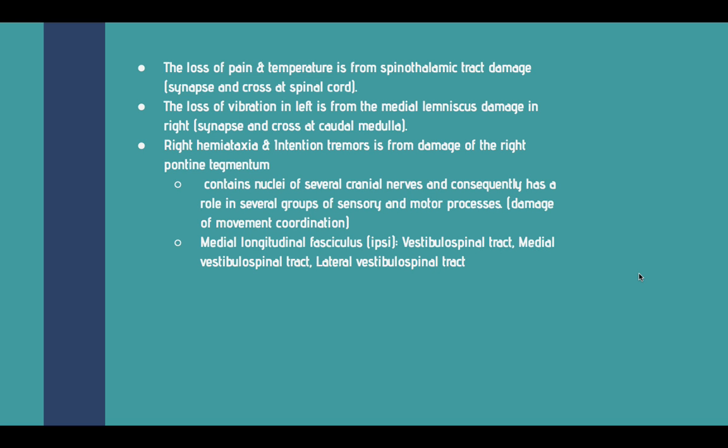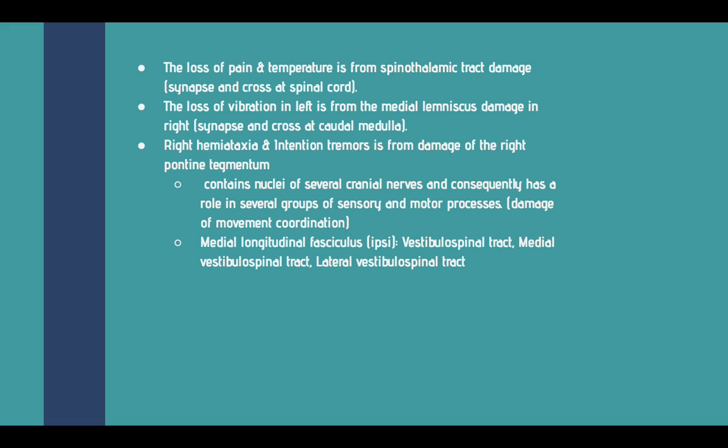For the third question, the loss of pain and temperature is from the spinothalamic tract damage, and it synapses and crosses in the spinal cord. And the loss of vibration on the left is caused by damage of the medial lemniscus in the right area, and it synapses and crosses at the caudal medulla, and the right hemiataxia and intention tremors are from damage of the right pontine tegmentum.